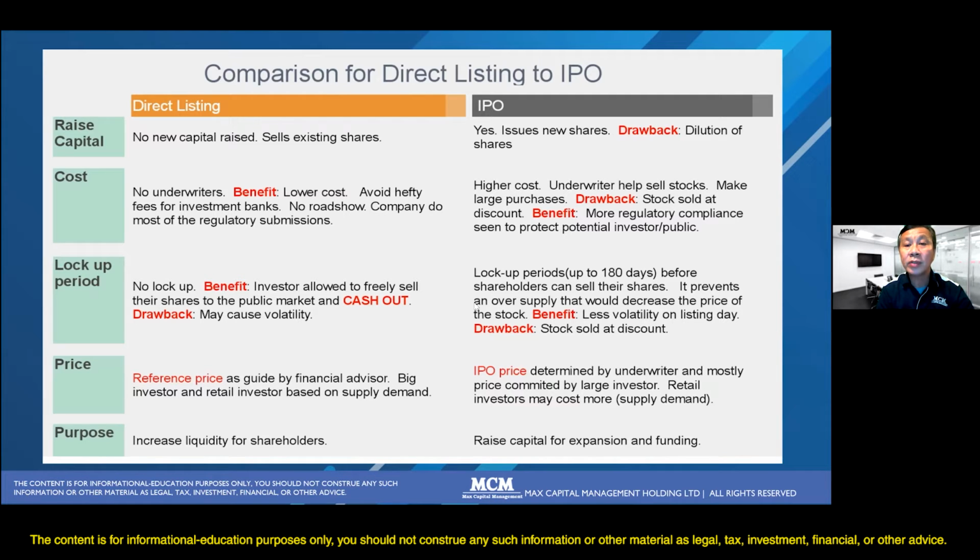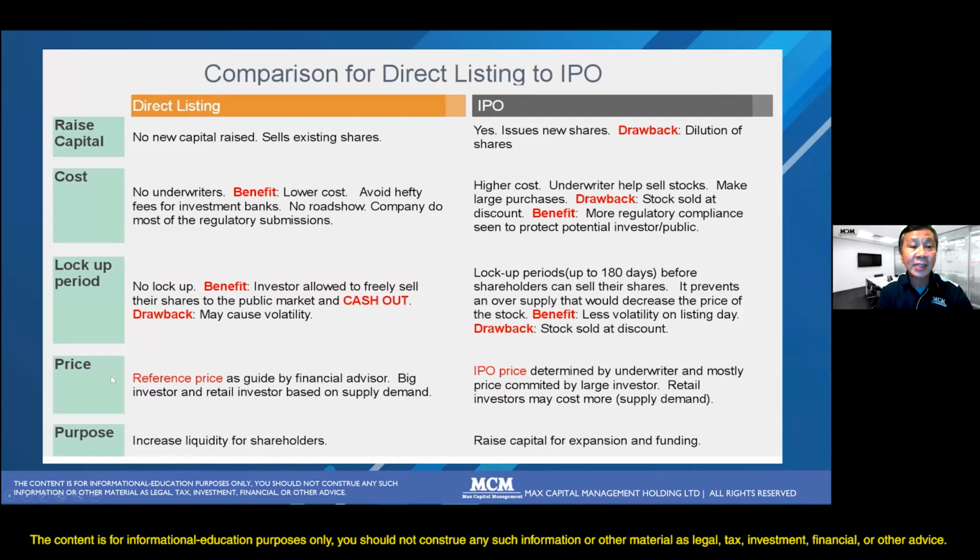As for IPO, the lockup period can be up to few months, up to 180 days before shareholders can sell their shares. It actually prevents oversupply and helps to stabilize the price of the stock. So the benefit would be that price is seen as less volatile on listing IPO. The drawback is that the stock will be sold at a discount.